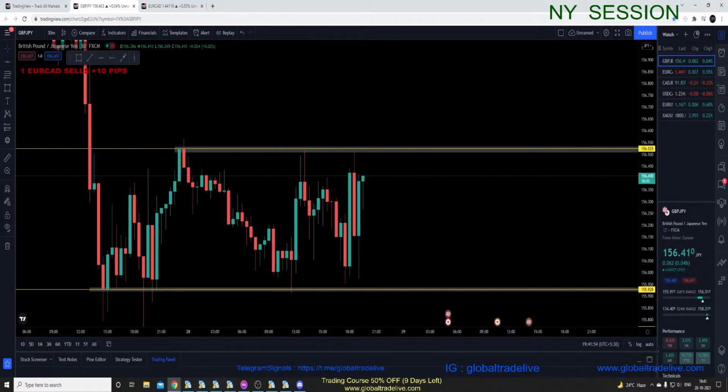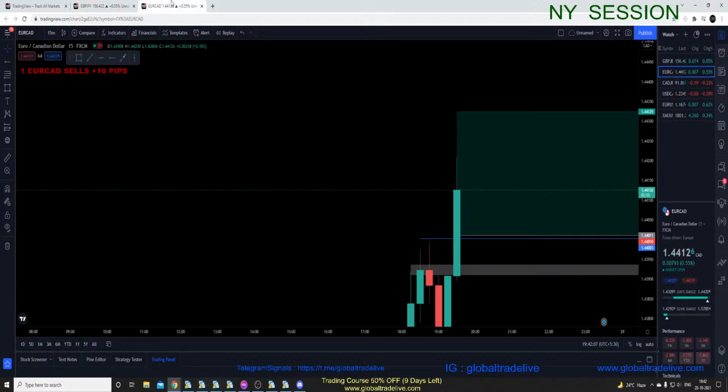GBP is also trying to move up. Last 3 minutes remaining in this candle to close.